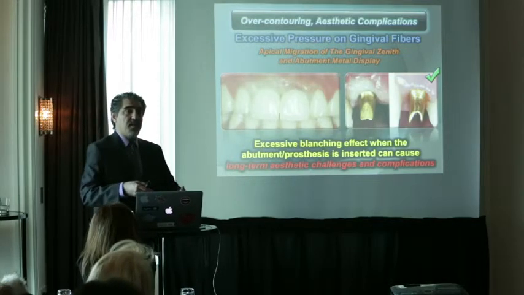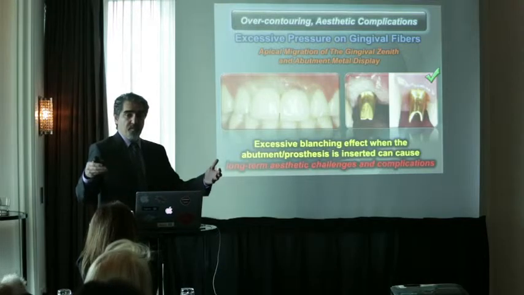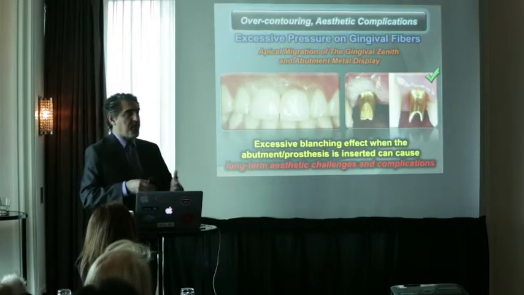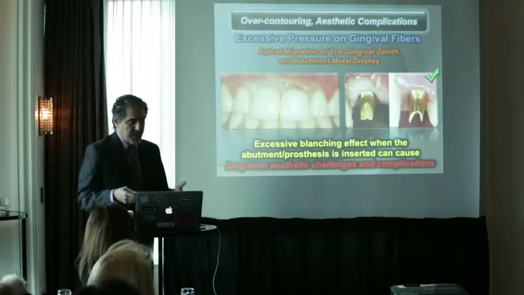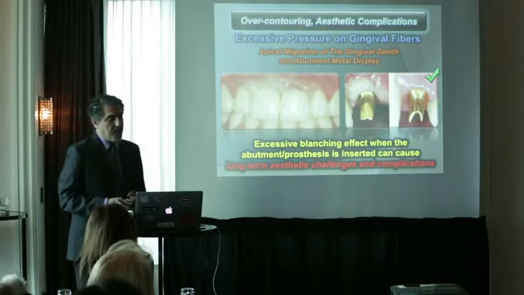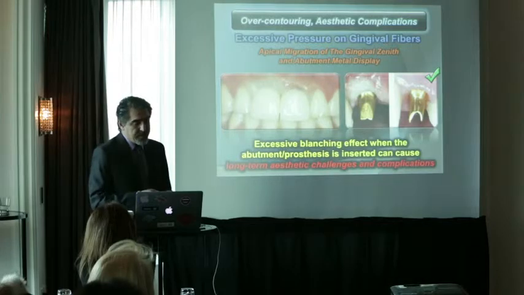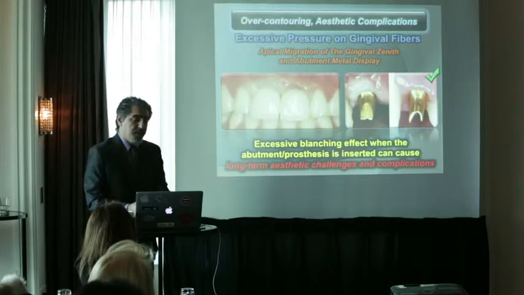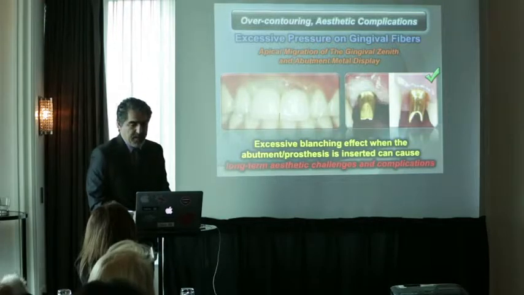And because we have not developed the emergence profile beforehand, now the technician is relying on compressing the tissue, and this can cause the apical migration of the gingival zenith, and then of course the abutment is going to show, and that would be a big aesthetic complication.